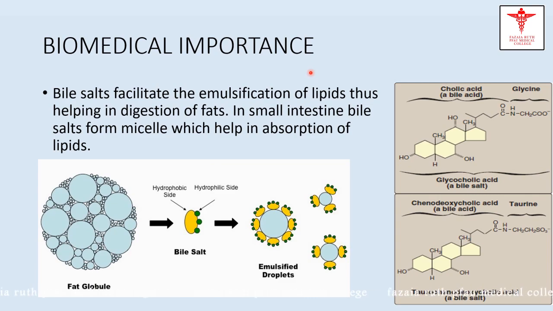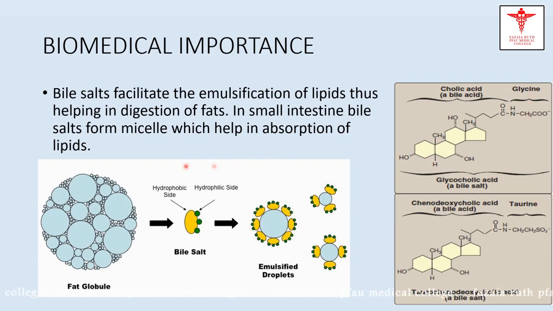Biomedical importance. In our body, the phenomenon of surface tension affects different physiological processes, so there are counter mechanisms to prevent those effects. For example, bile salts facilitate the emulsification of lipids. These bile salts are amphipathic steroidal biosurfactants synthesized in the liver from cholesterol, by conjugation of bile acids with either taurine or glycine, which are two amino acids.